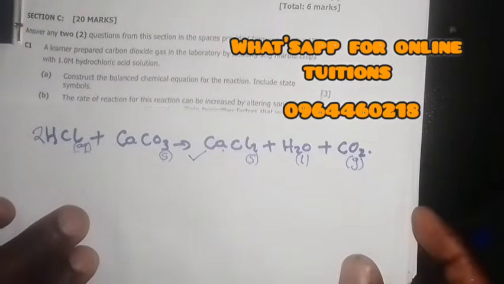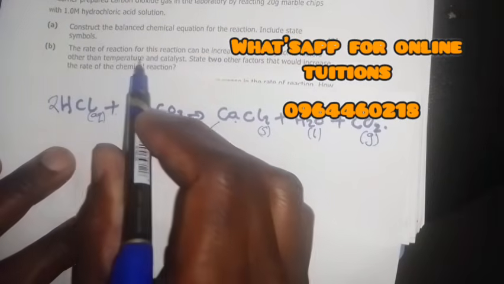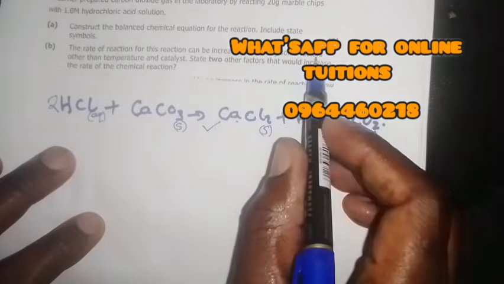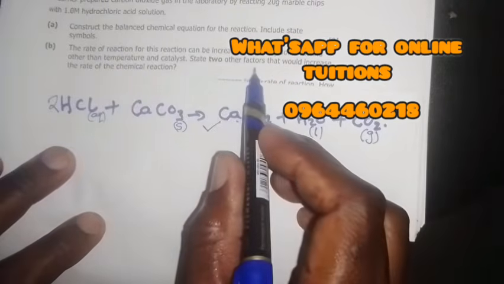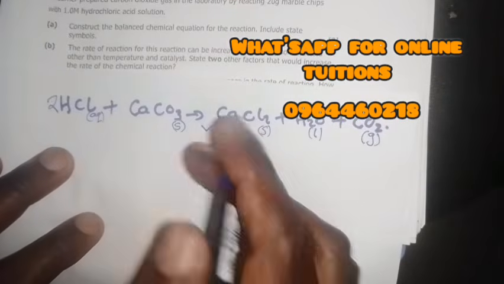Now our next question is: the rate of reaction for this reaction can be increased by altering some factors other than temperature and catalyst. State 2 other factors that would increase the rate of the chemical reaction.